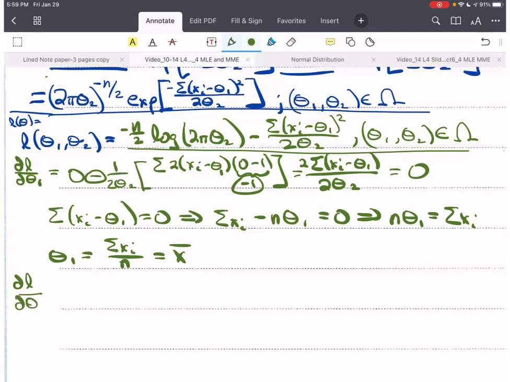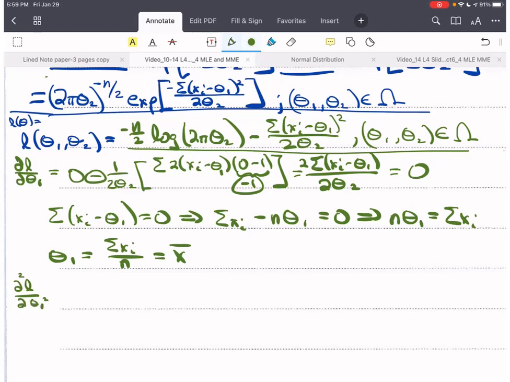So let's do the second derivative. We'll have to check this with the second derivative test. Or we could use the first derivative test, but I think I'll use the second derivative test. In fact, I didn't realize I went ahead and did that in my notes. So we're going to take d squared L over d theta 1 squared.